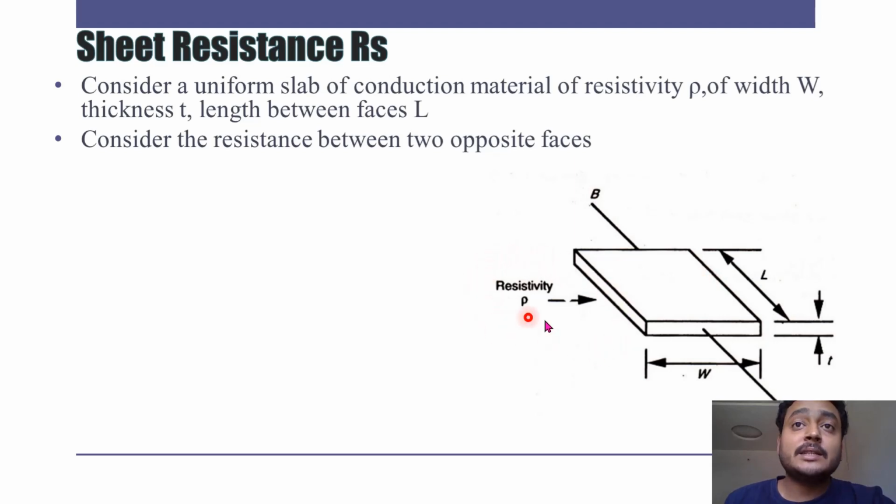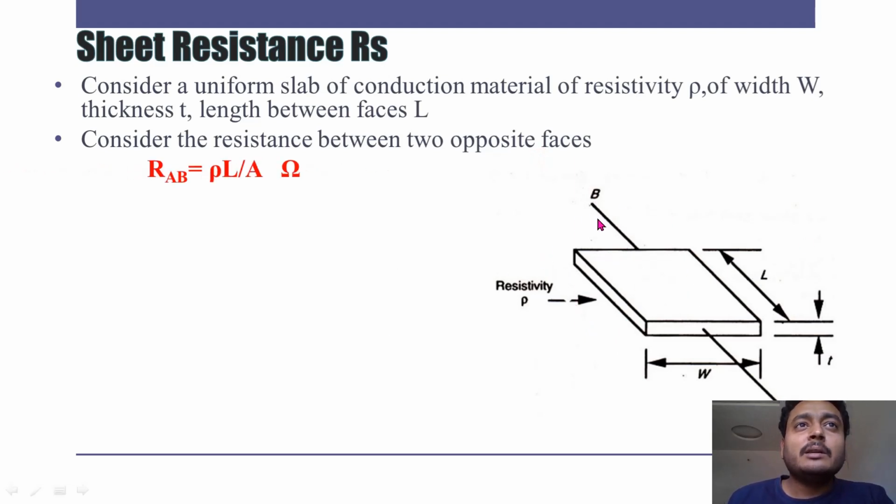This resistivity varies from material to material. Different materials will have different resistivity. Among metals, aluminum will have a certain resistivity and copper will have some other resistivity. So how do we estimate the resistance of these materials?